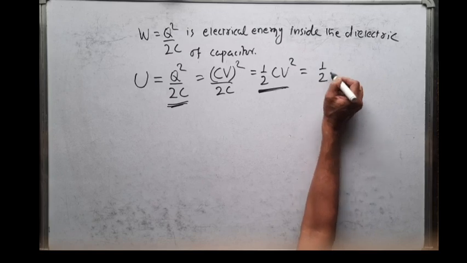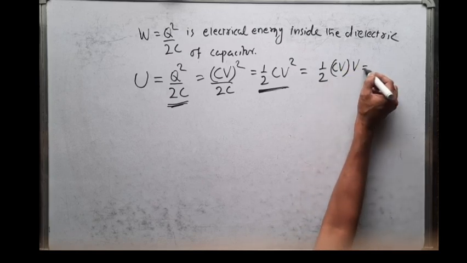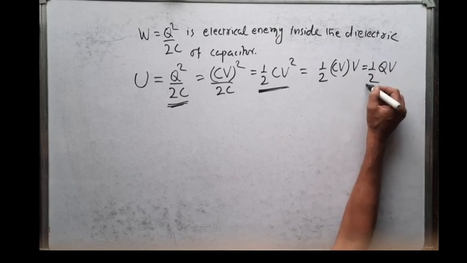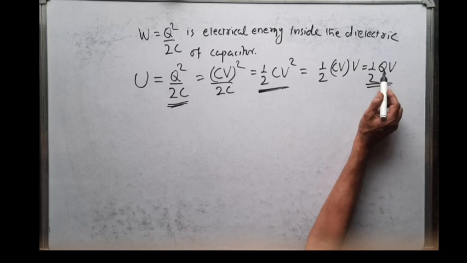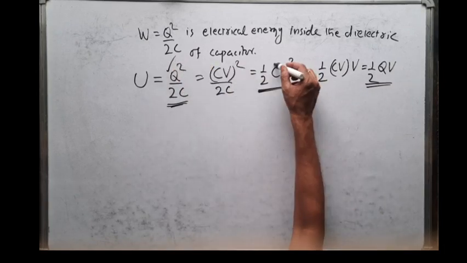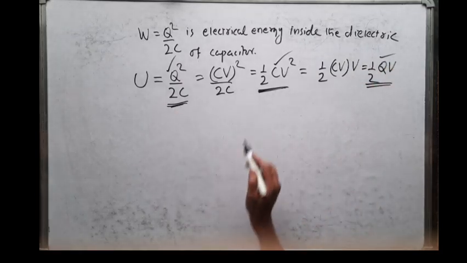Also, half CV square is half CV into V, and CV is the total charge Q, so it is half QV. This is the energy stored in terms of charge and potential. You have to remember all these formulas; they are interrelated.